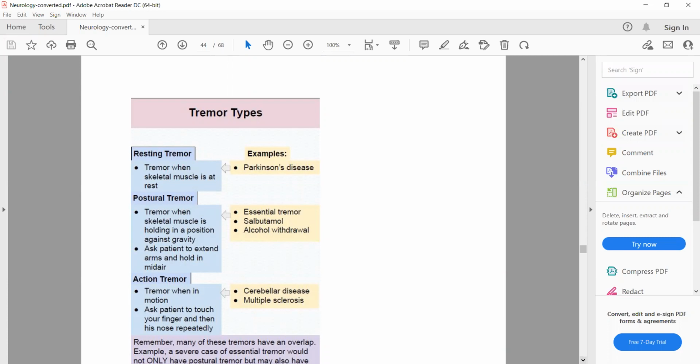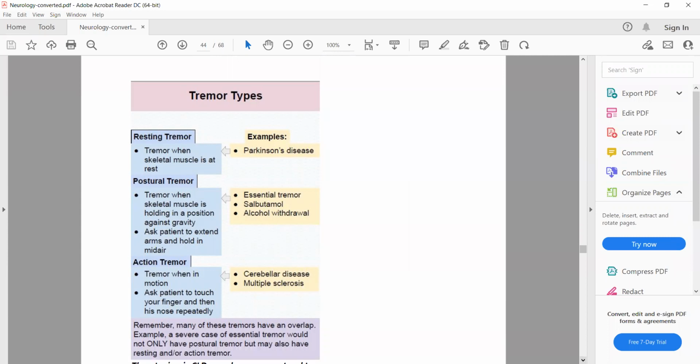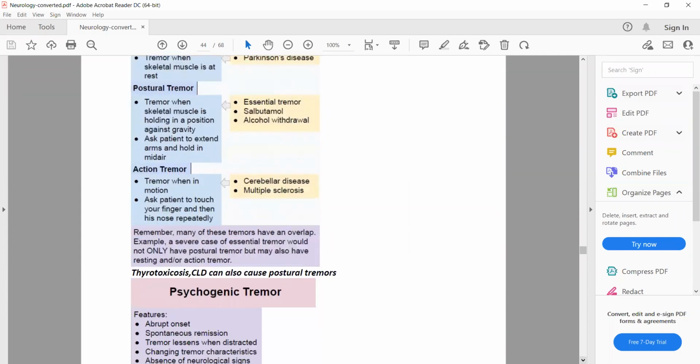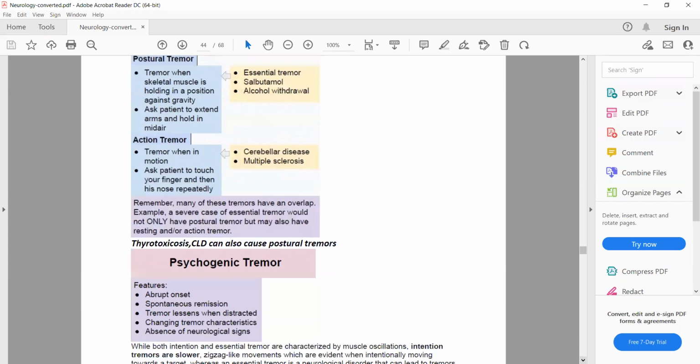So along with action tremor, other signs and symptoms of cerebellar disease such as nystagmus, ataxia, dysdiadochokinesia will also be present. Thyrotoxicosis and CLD can also cause postural tremors.